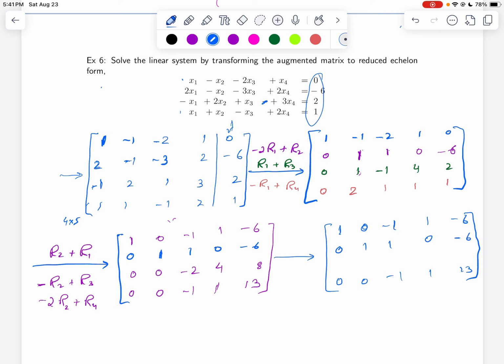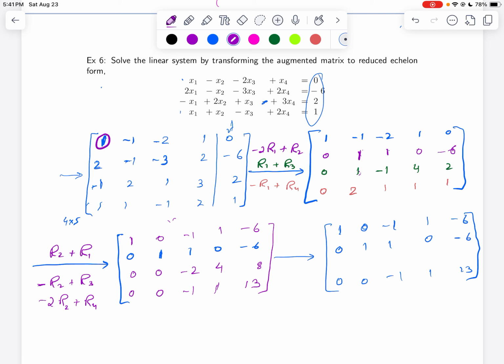If it is not a 1 in the first position, then you have to swap the rows, or multiply the row by the reciprocal of the number which you have here to get a 1. Okay, so once we have a 1 there, this becomes what we call the pivot position, the pivot element, pivot number, whatever you call it.